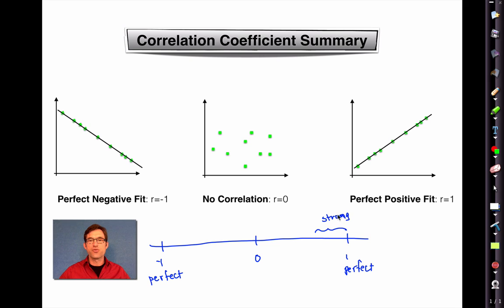Anyway, in here we might have moderate. And in here, we might have weak fits. And then the same thing would happen here. Here, we would have a weak fit, but negative. Then we might have moderate fits. And then we'd have strong fits.